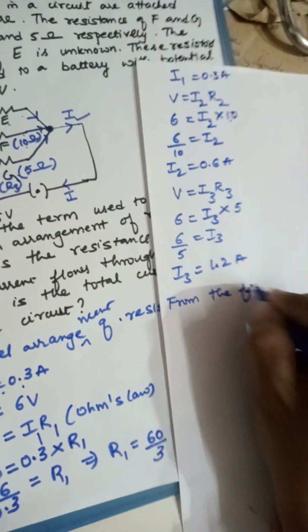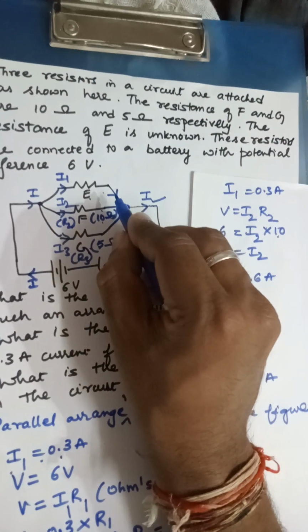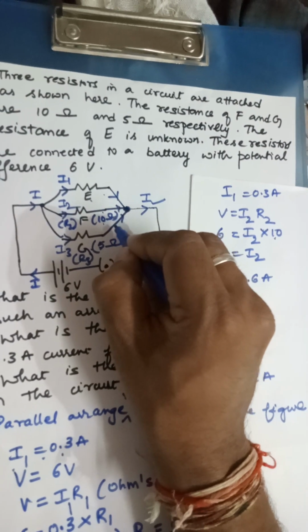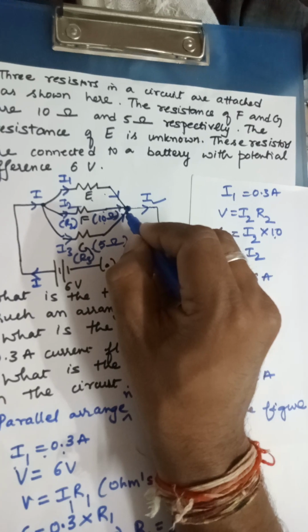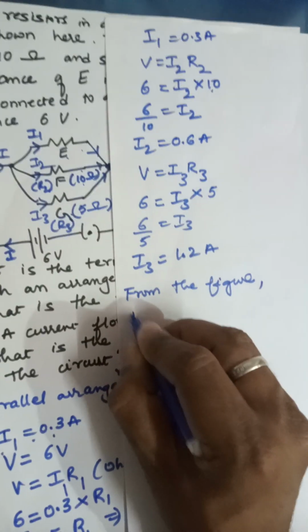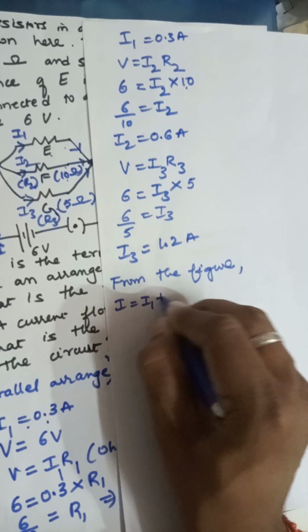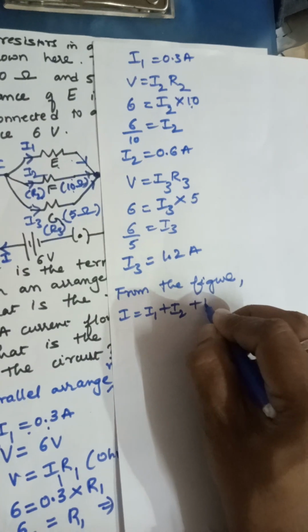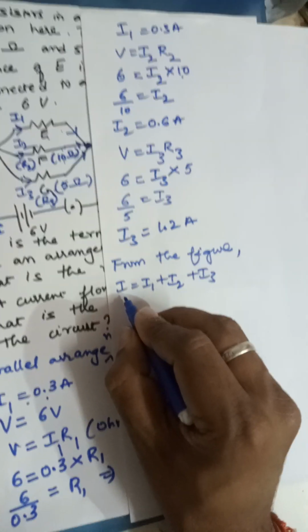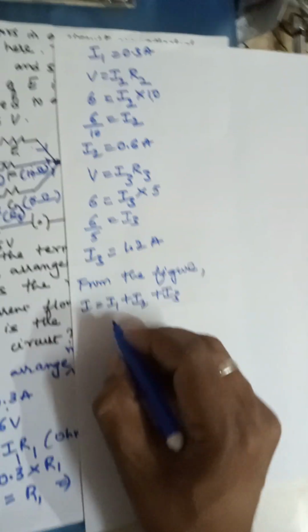Now we can say from the figure it is quite evident that the current I will be the sum of these three currents. These three currents I1, I2 and I3 will merge or add up to form I. So I is equal to I1 plus I2 plus I3. I is the total current and we need to find out its value.